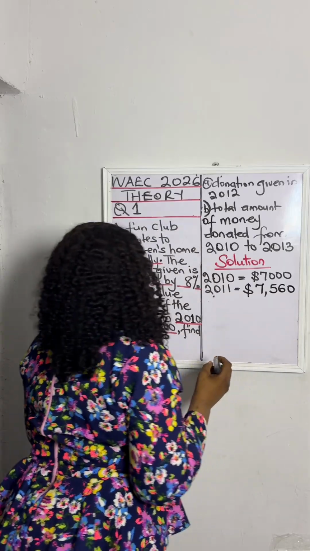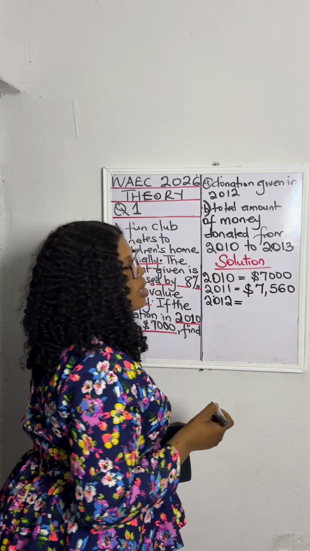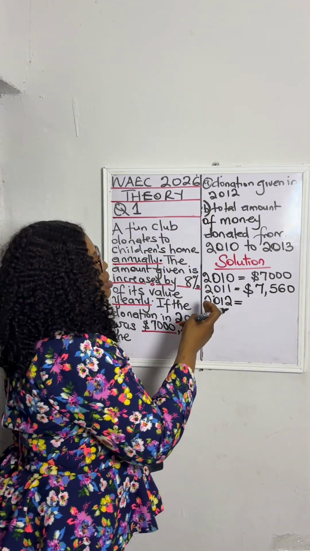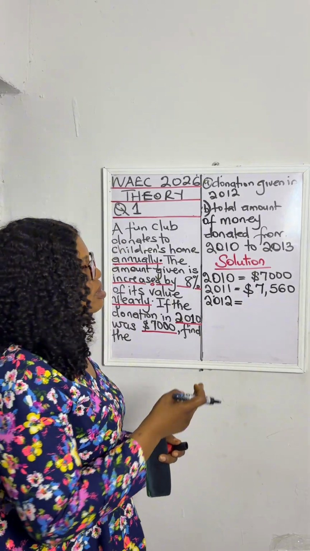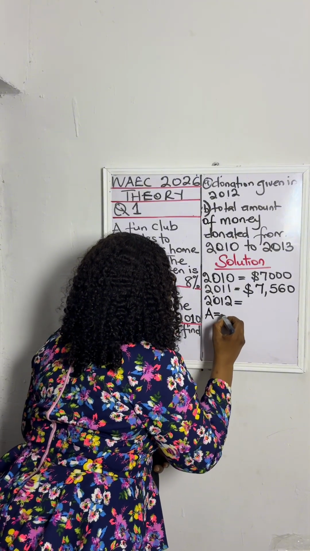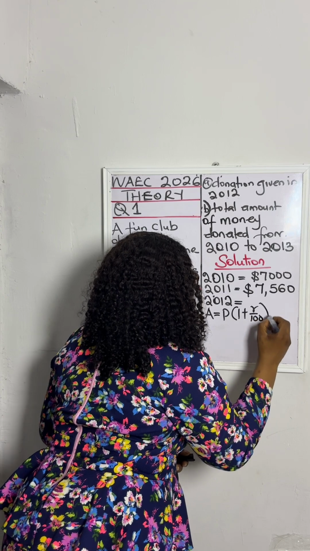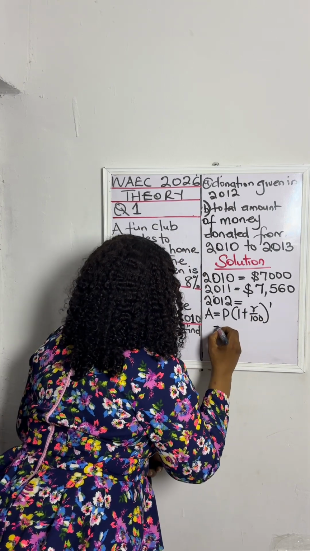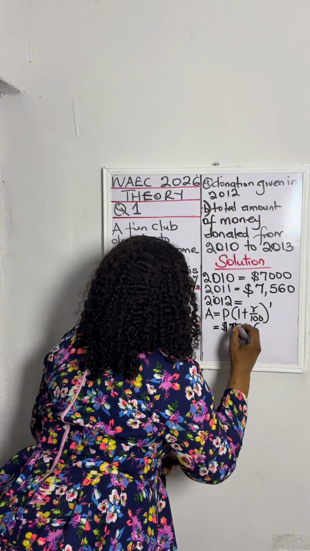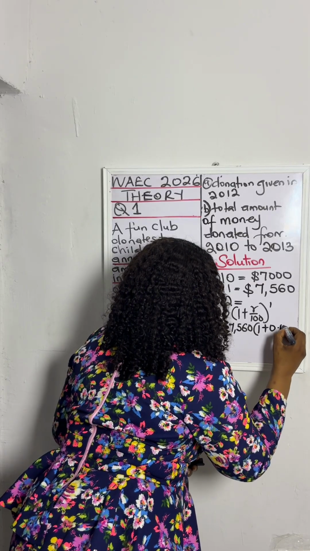$7,560. Now, going on to 2012, we know that it will amount to a different value. So for that year, we'll be using the amount for 2011 as our starting capital for 2012. So still using the formula for amount, which is equal to principal, open bracket, 1 plus R over 100 raised to the power of 1. Our principal this time around is $7,560, open bracket, we still get the same value, 1 plus 0.08.